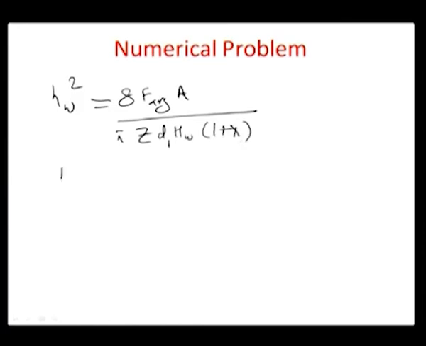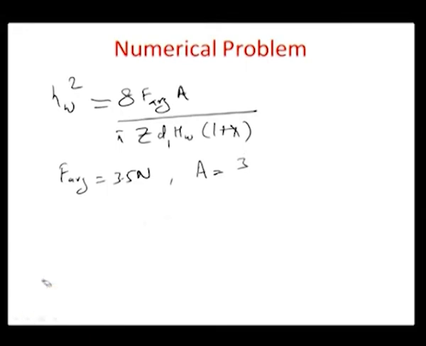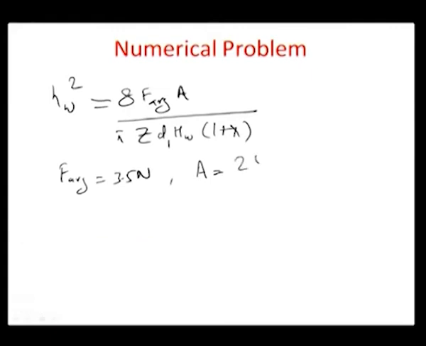And we already know that F average is equal to 3.5 newtons as illustrated in the numerical design problem. As such, the amplitude of motion A is given by 25 microns, so it is basically 25 times 10 to the power of minus 3 millimeters, and the frequency nu is given by 25 kilohertz, so 25 times 10 to the power of 3 hertz.